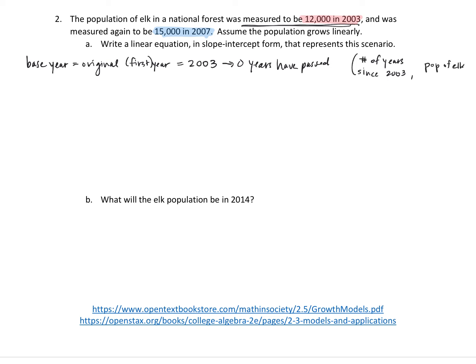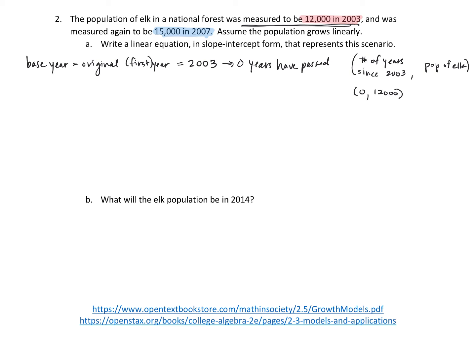So the population of elk will be the Y value. In this case, this first measurement is 0 because 0 years have passed since the base year, and there are 12,000 elk. That's the first one, highlighted in red: 12,000 elk in the year 2003.